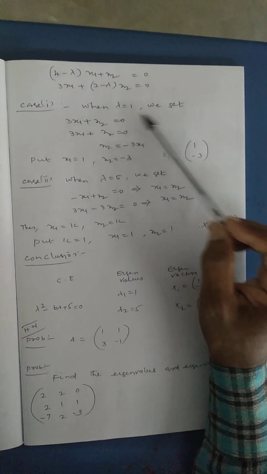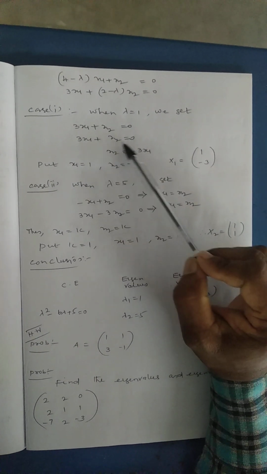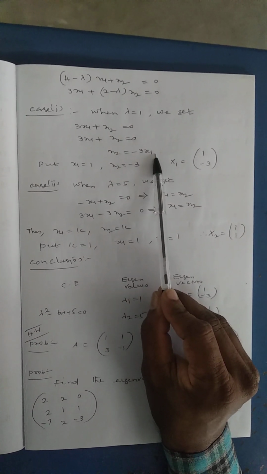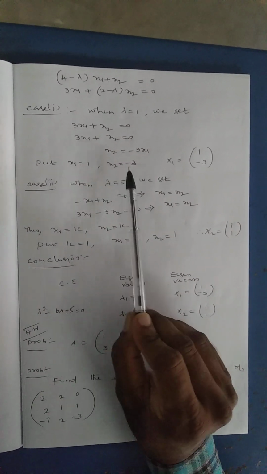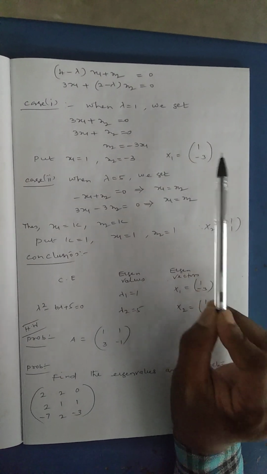When lambda equals 1, we get 3x1 plus x2 equals 0. So x2 equals minus 3x1. Put x1 equals 1, x2 equals minus 3. So X1 equals 1, minus 3. This is the first value.